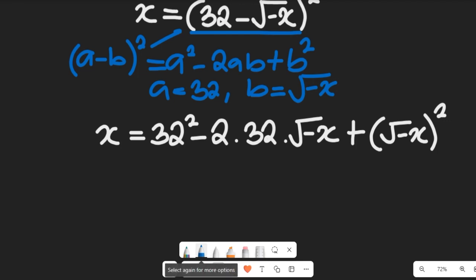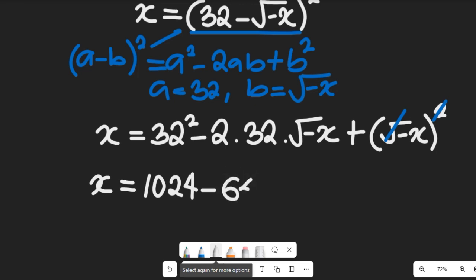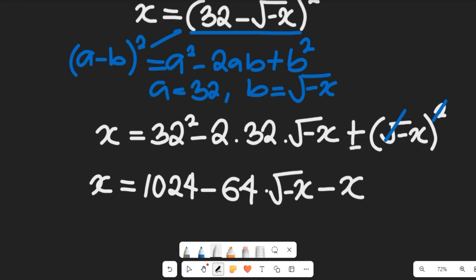Now, looking at this expression thoroughly, you can see that this square can cancel out the square root. From that expression, I will have x equal to 32 squared, which is a perfect square, so I'll have 1024, minus 2 times 32, which gives me 64, multiplied by the square root of negative x, and this will be negative x. Plus times minus is going to give us minus, right?